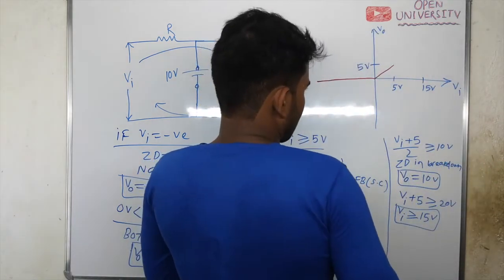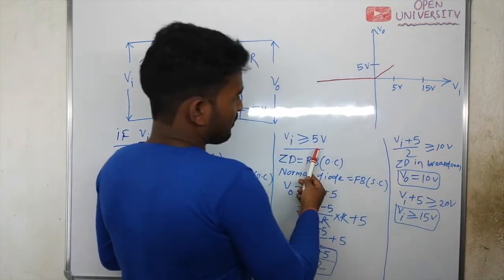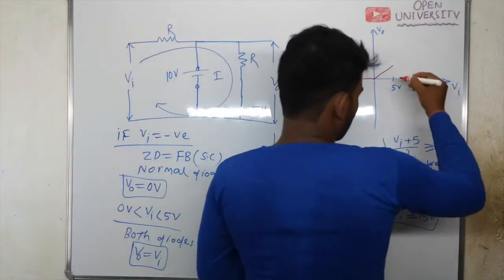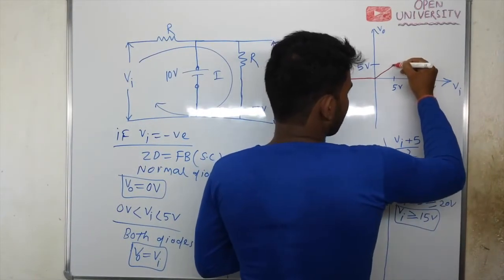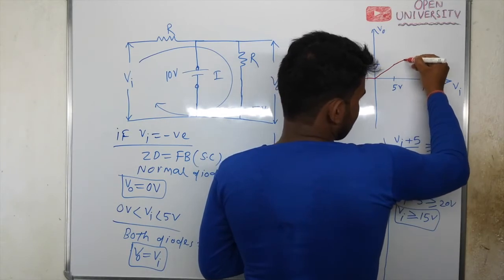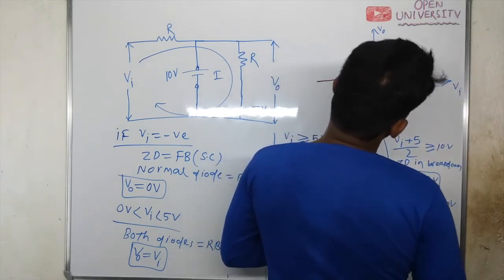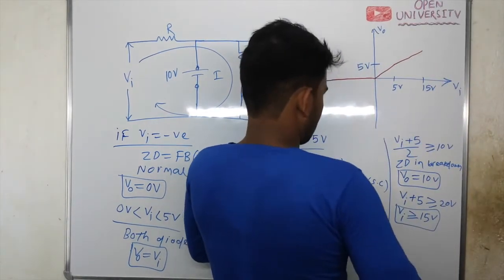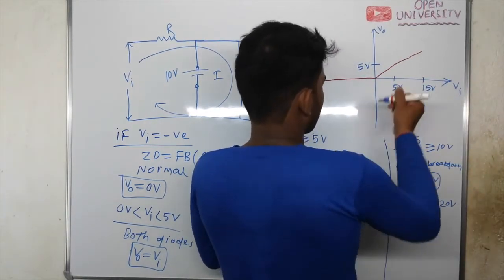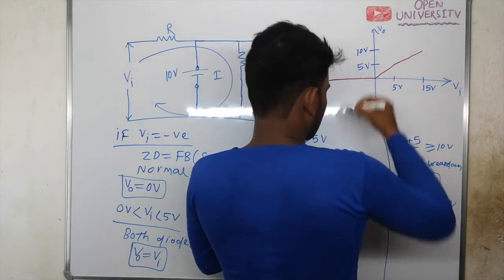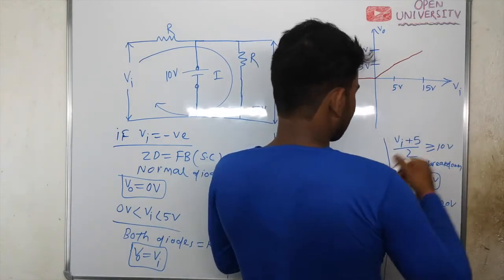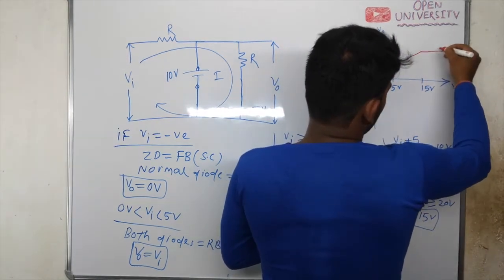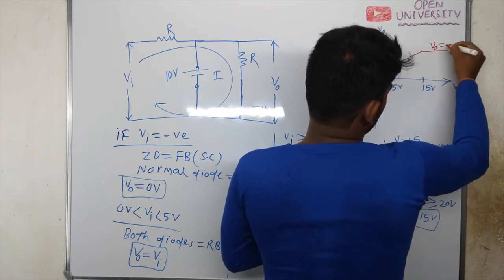And when the input voltage is greater than 5 volt, V naught equals Vi plus 5 by 2, having slope 1 by 2, so it will be a little bit inclined like this. And at this part, the output voltage will be 10 volt. When the input voltage is greater than 15 volt, the output voltage equals 10 volt.